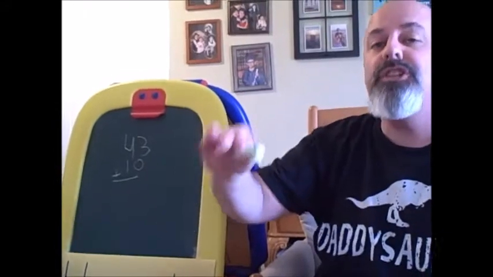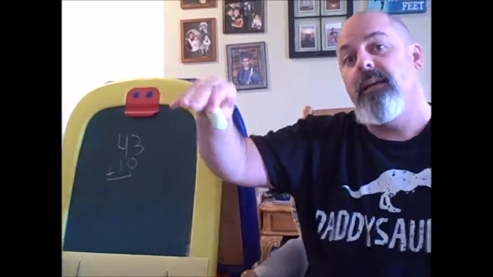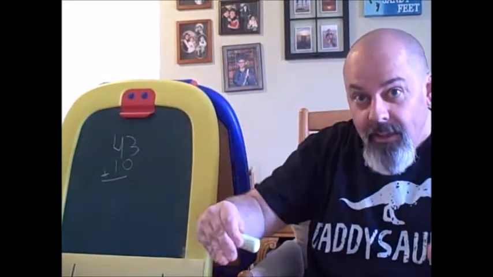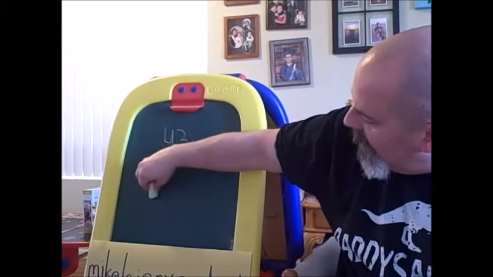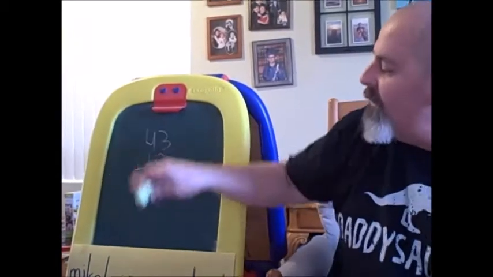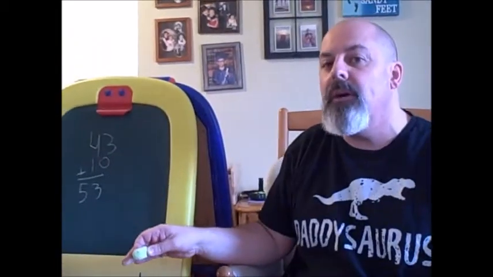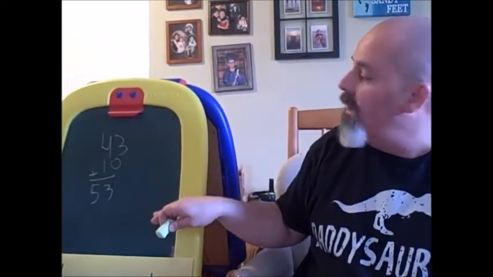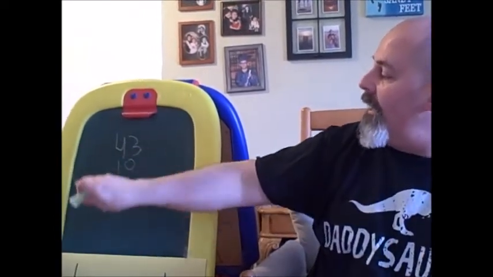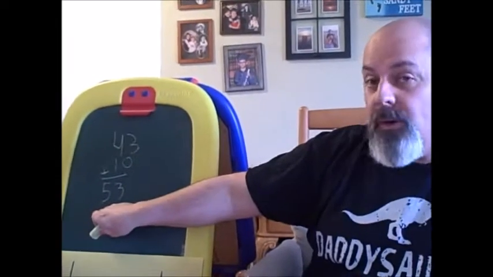Now, if we're adding 10 to it, we're moving down the tens chart just like counting by tens. 23, 33, 43, 10 more makes it 53. 10, 20, 30, 40, 50. And we're just bringing the ones down because as you can see with the group of 10, we're not adding any ones to it. So I'm going to add 30 more to this one.